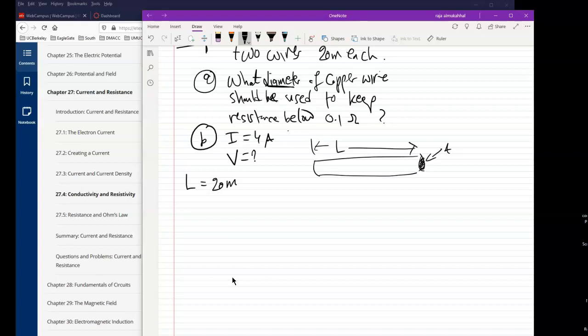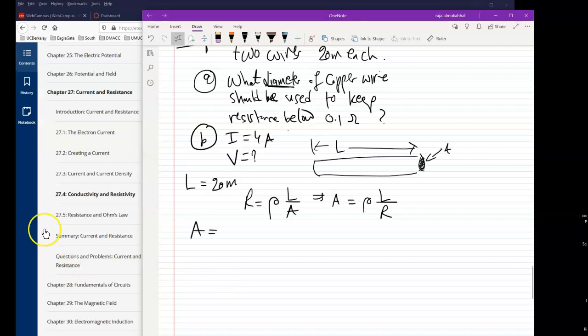I know that R is equal to rho L over A. That tells me that A is equal to rho L over R, correct? All right, so here we have A is equal to rho.